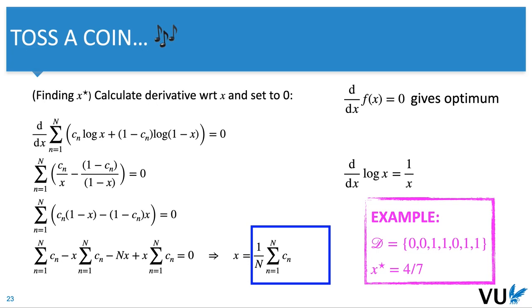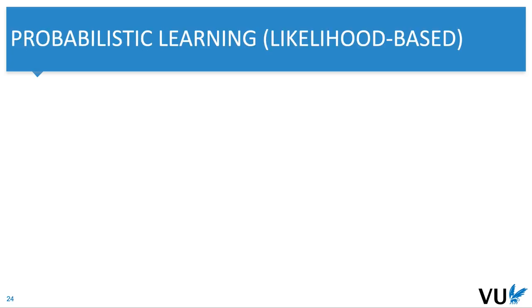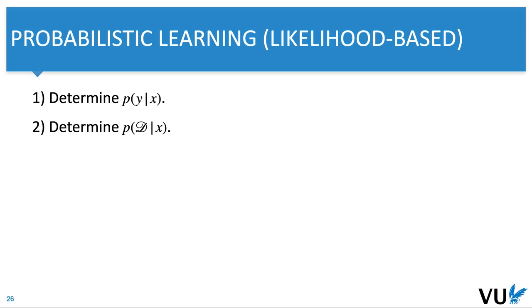Now please think about it in a more abstract way. When I approach the problem, I need to determine the probability of interest: some random variable y, so I have the probability of random variable y for given x, where x are some parameters that we are looking for.